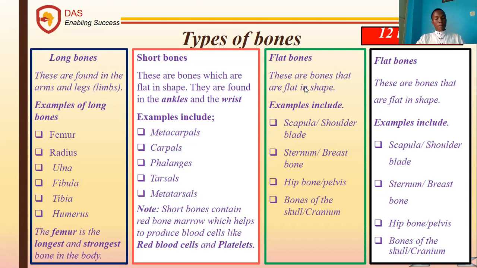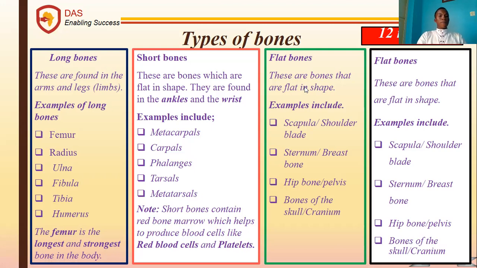The answer is femur. When they ask you to give examples of long bones, you depend on the bones of the arms and the bones of the legs. Besides, the phalanges are not under long bones. We are talking about these ones here and these ones here, then the thigh bones and those ones down.